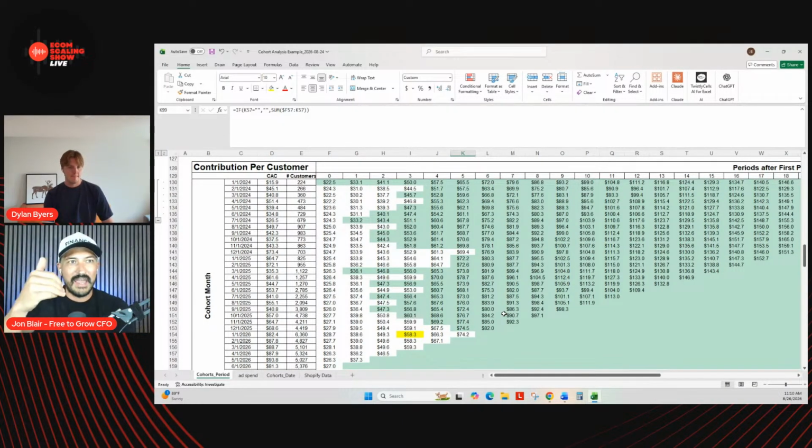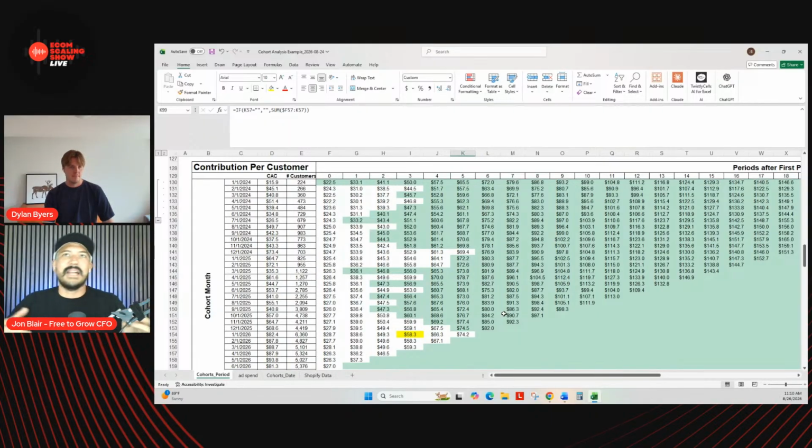And now we have CAC, ad spend divided by new customers acquired in a given cohort. What do we do now that we have LTV to CAC? One of the first things we do is assess when each cohort is breaking even, or what you'll oftentimes hear people call the CAC payback period.